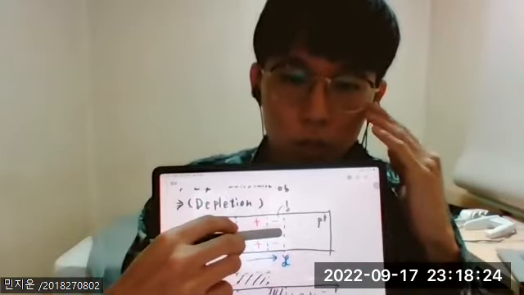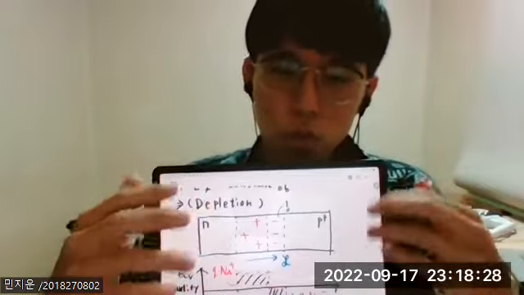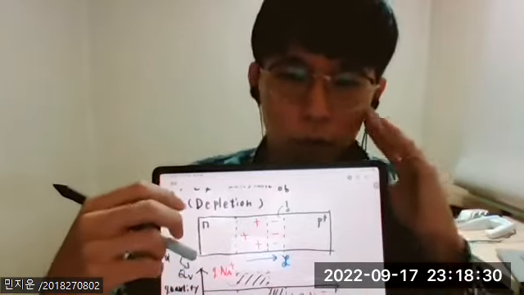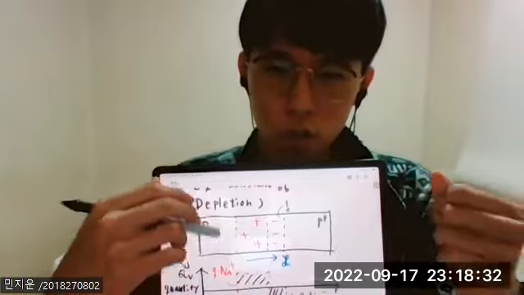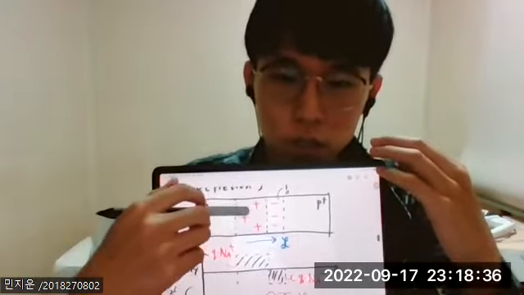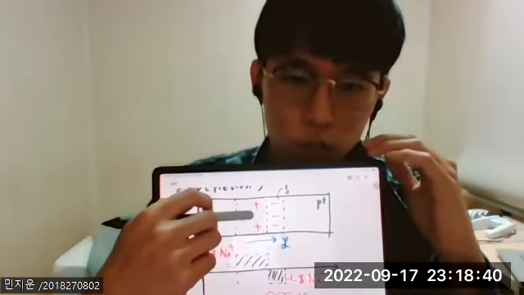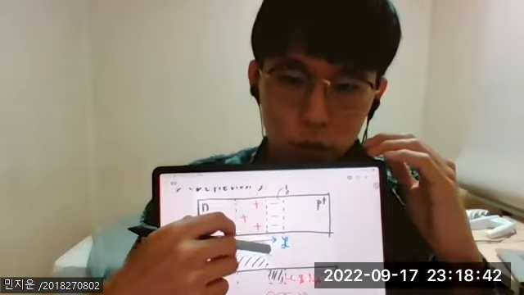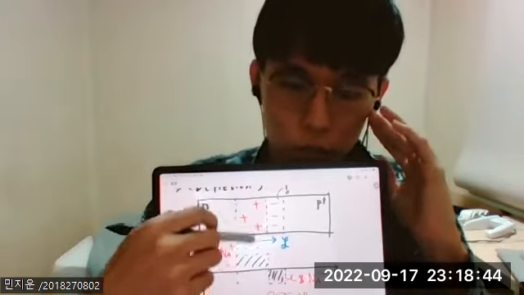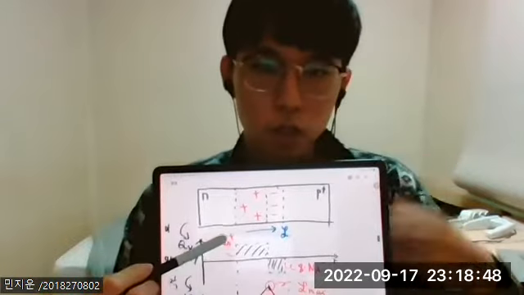So the more heavily doped area has the smaller depletion region, and these ionized dopants produce the electric field.